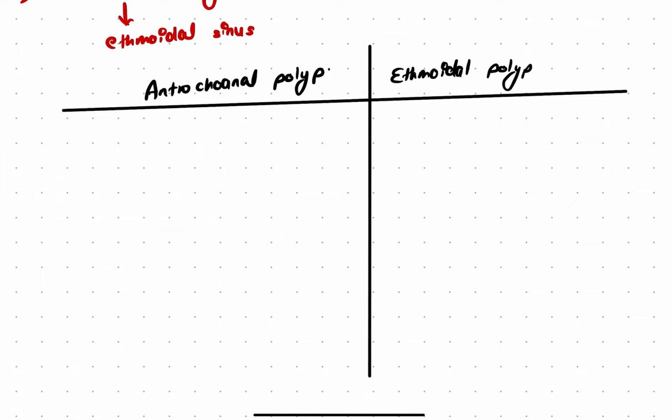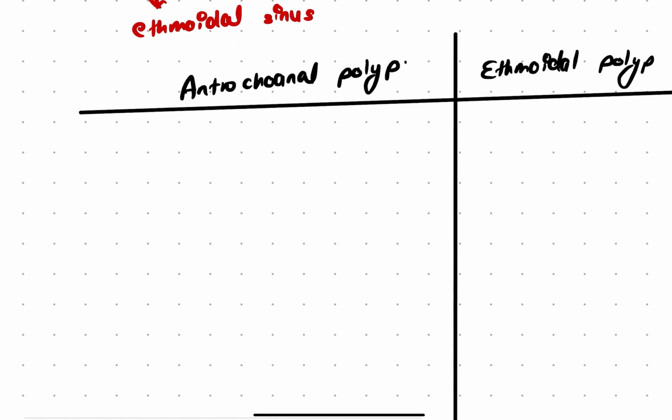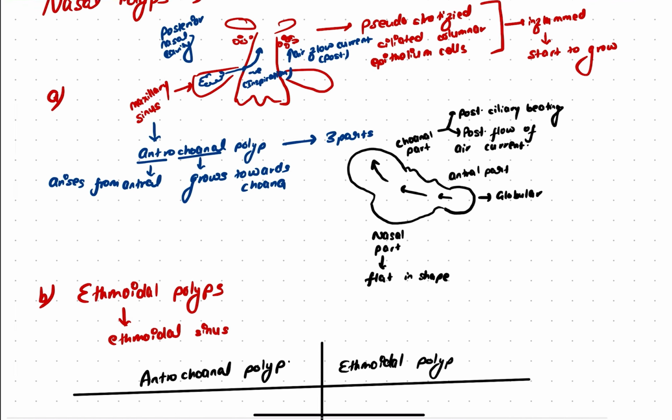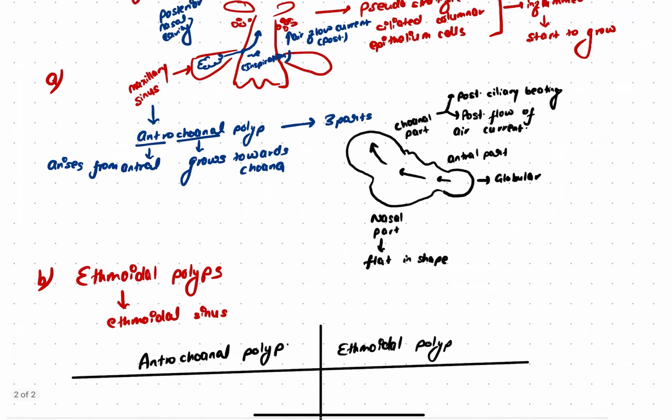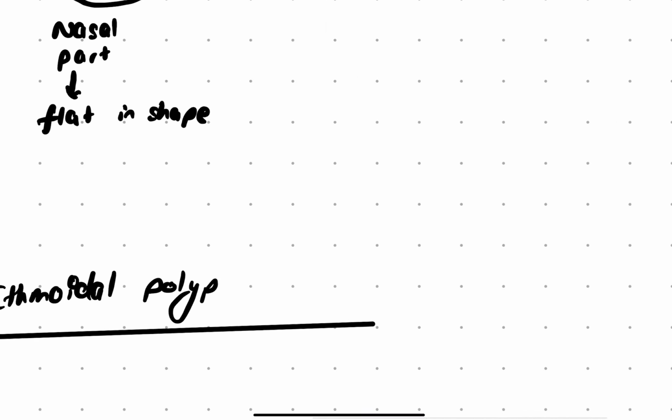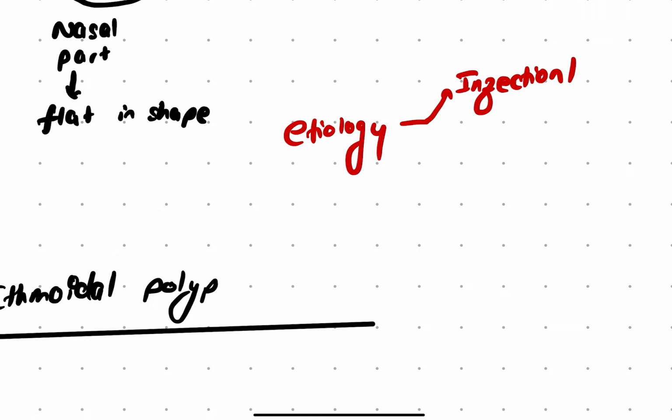It is quite interesting. So this is the maxillary sinus. As we know, there are two common etiologies for both polyps. One is infection, most commonly bacterial infection, and the next is allergens or allergy.